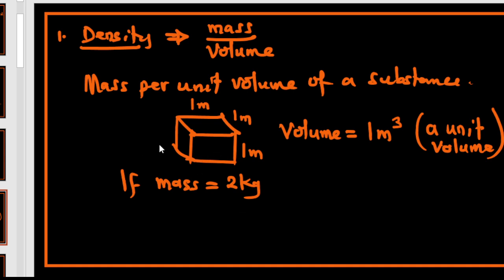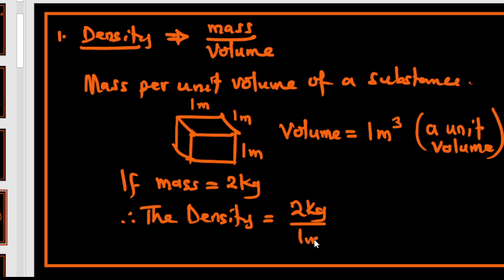If the mass of this box is 2 kilogram, the implication is that the density of that object is going to be 2 kilogram over 1 meter cube. So the density is 2.